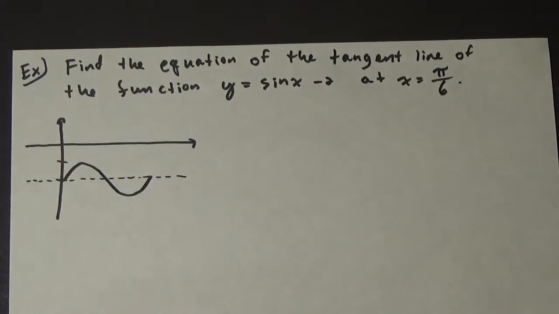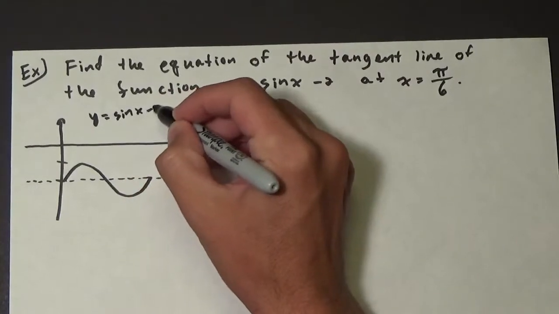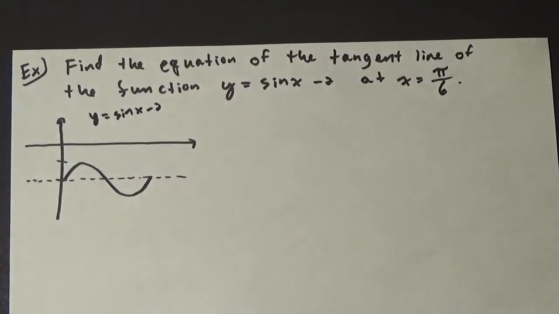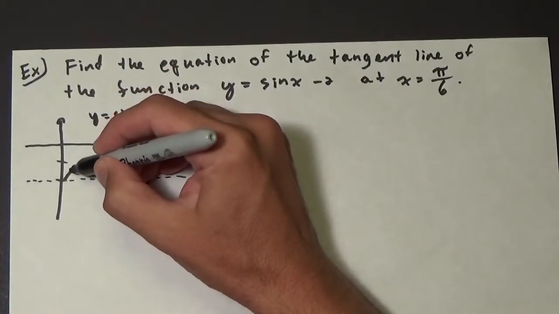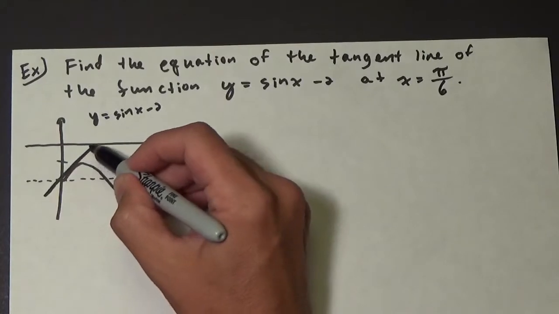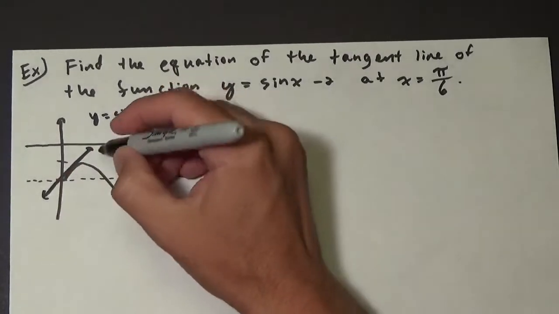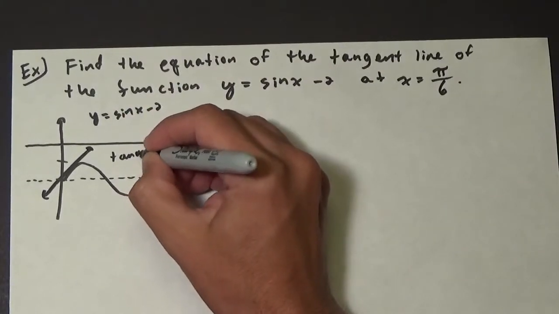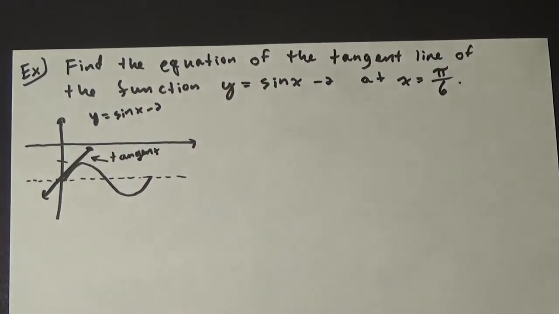So that's the sine of x minus 2. And then pi over 6, that's pretty close to here, so it's probably about right there. And here is our tangent line. So we're looking for the equation of this tangent. What is that line?